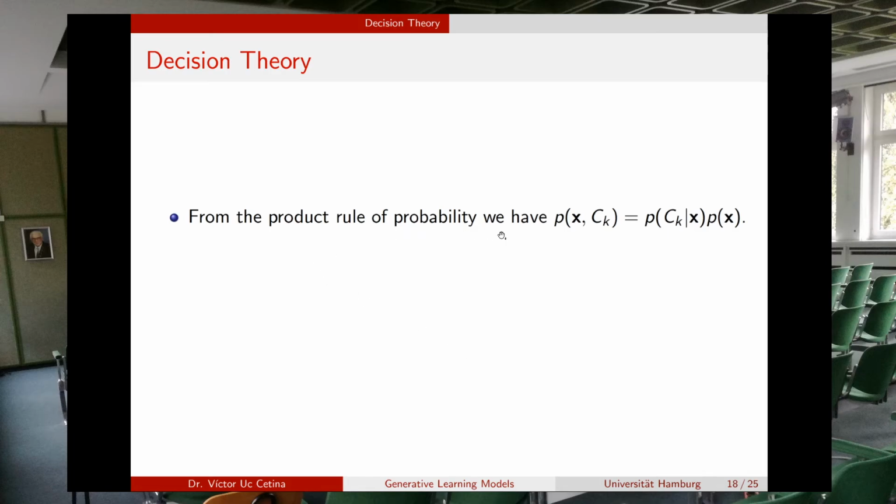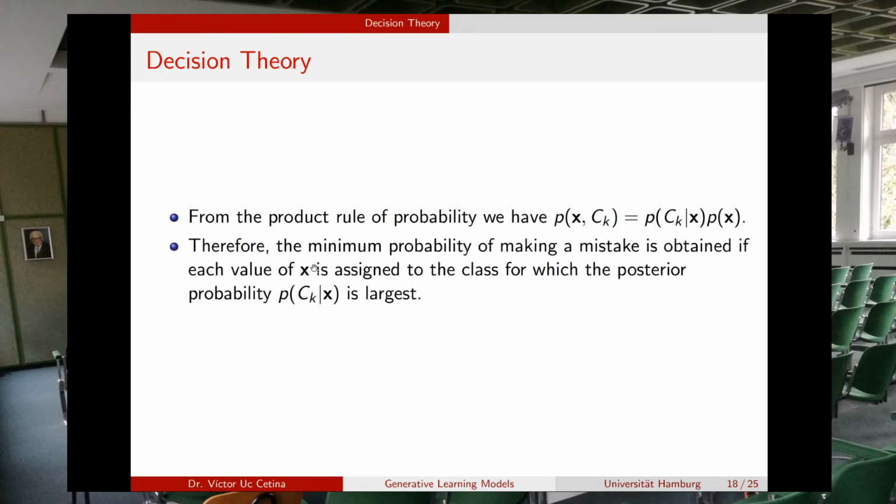From the product rule of probability, we can write the probability of Ck given x times the probability of x, and therefore the minimum probability of making a mistake is obtained if each value of x is assigned to the class for which the posterior probability is largest. Okay, so we will consider this as a way to assign points to some class.